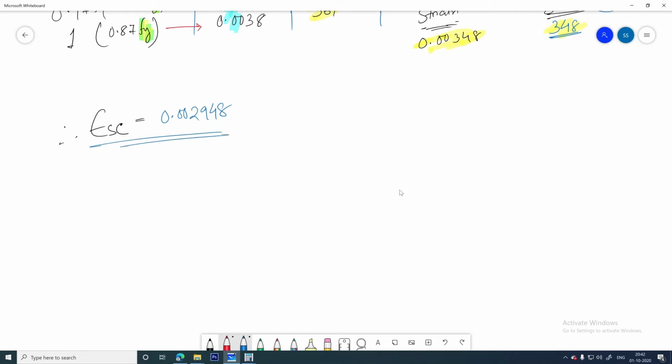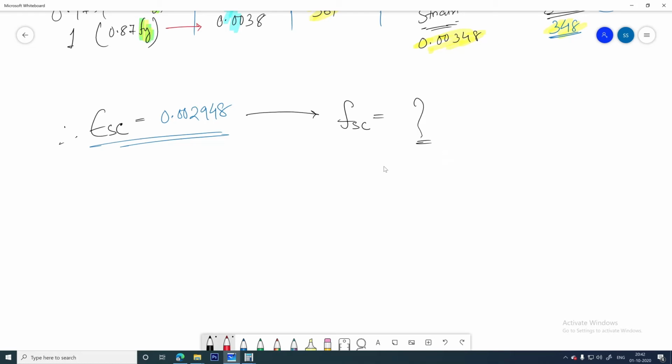This is the strain value. Now we need to determine the corresponding stress value. If we determine the corresponding stress value as FSC, what will be the value of this FSC? That means the stress of steel under compression.